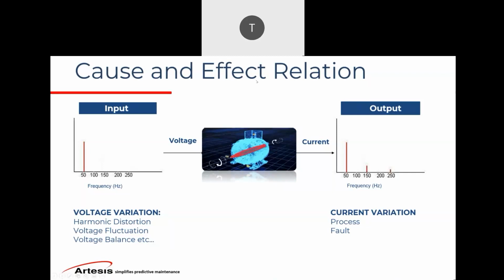Furthermore, since the system creates a cause and effect relation, it looks at the process variations because it learns how the system behaves under different conditions. This might be because of different products that it works on on any given day of the week or time of the day.